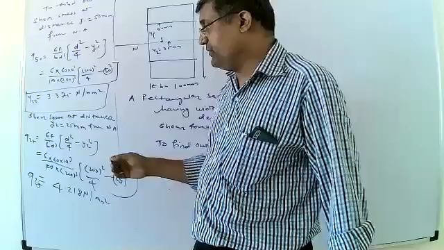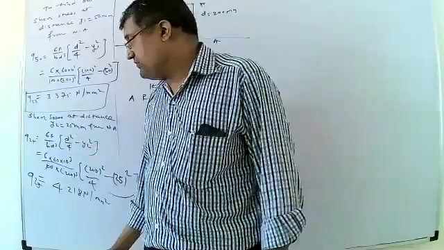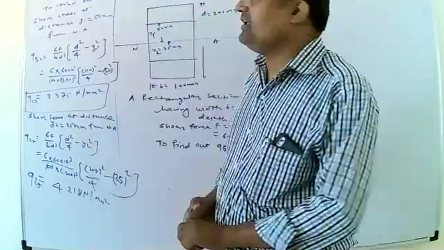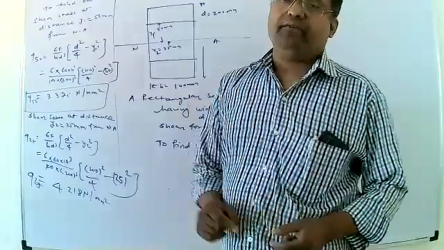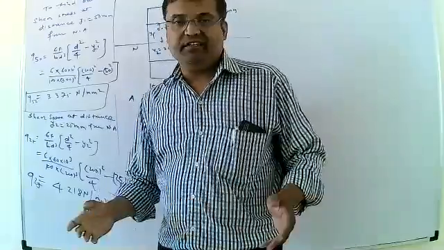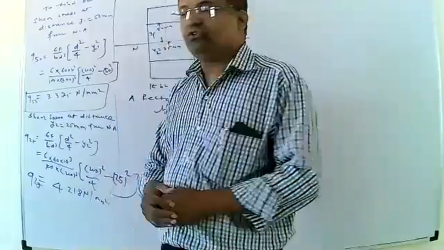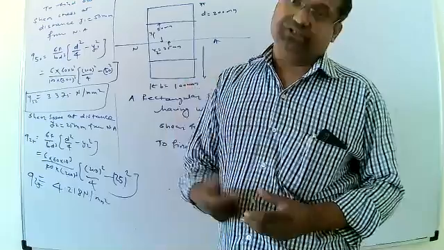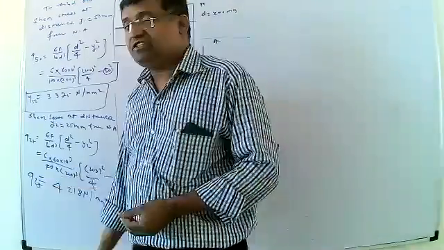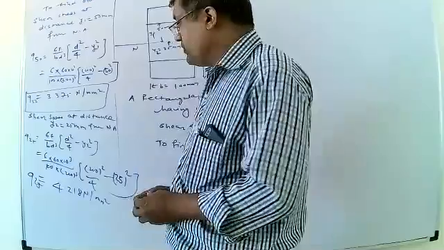Then we just calculate by putting the values of B, D, F, and y2. The final value is Q25, the shear stress induced in the section at a distance 25 mm below the neutral layer.